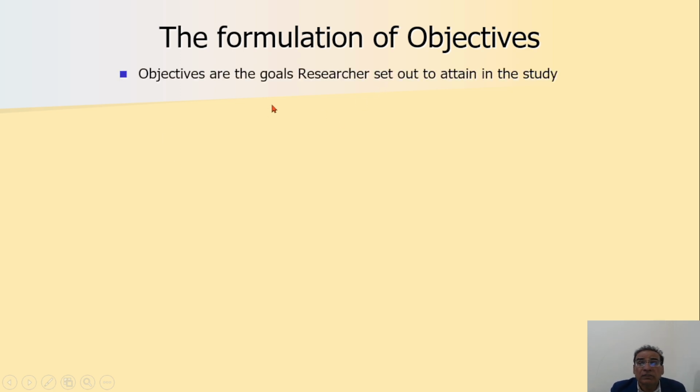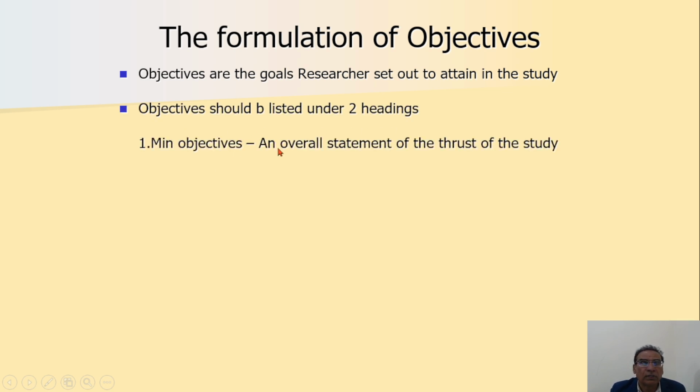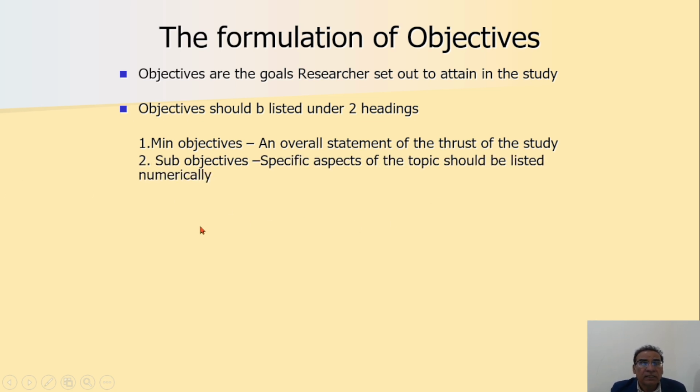Formulation of objectives. Objectives are the goals the researcher sets to attain in the study. Objectives should be listed under two headings: main objective, an overall statement of the thrust of the study, and sub-objectives, the specific objectives or topics, which should be listed numerically.